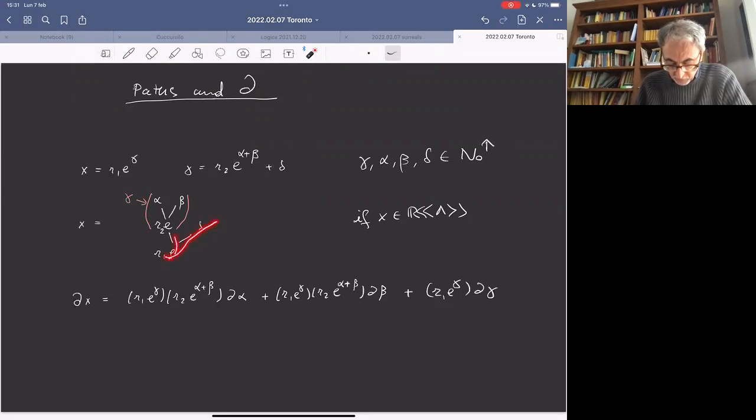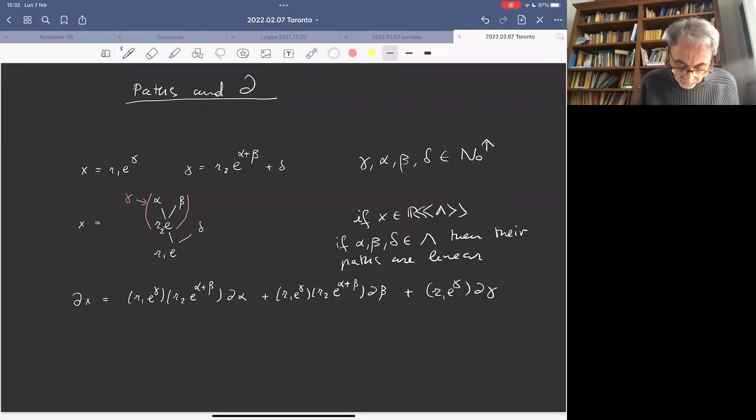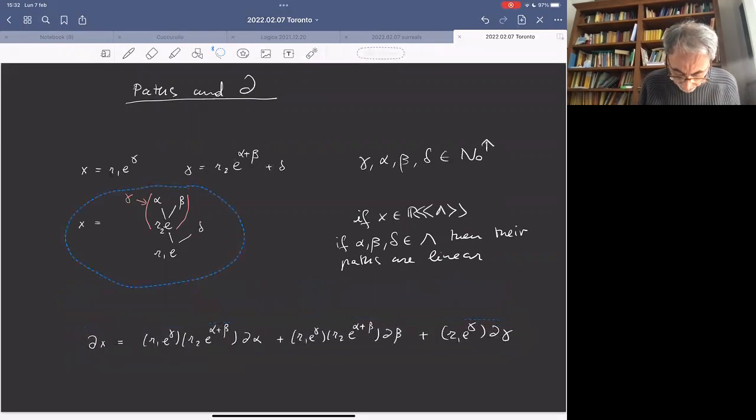One is here, one is here, and one is here. Of course, this path maybe can be prolonged, but suppose that alpha, beta, and delta are logatomic, then their paths are linear in the sense that the picture will look like this.